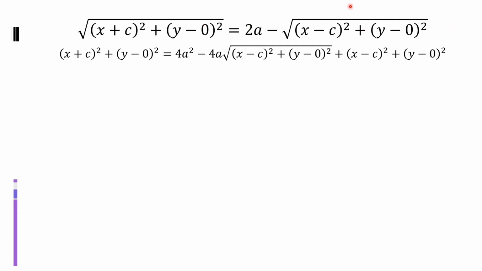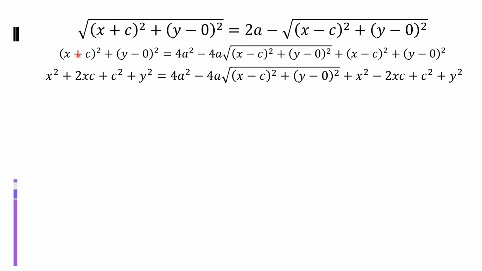Tapos ito, mai-square siya. So we have (x plus c) squared plus (y minus 0) squared is equal to, so we square this, we have 4a squared. 2 times, multiply natin to, so we have negative 4a times the square root of (x minus c) squared plus (y minus 0) squared plus, square natin to, so we have (x minus c) squared plus (y minus 0) squared.